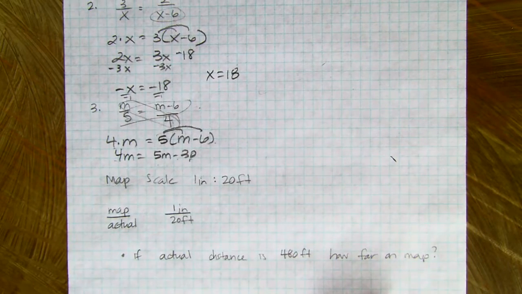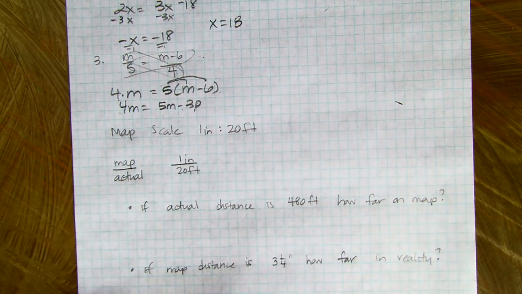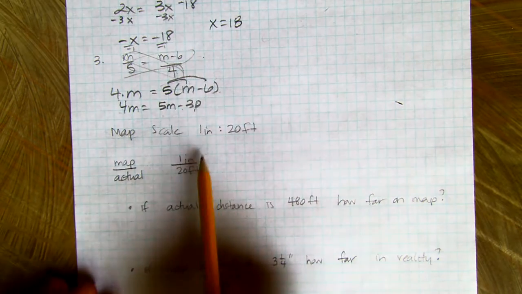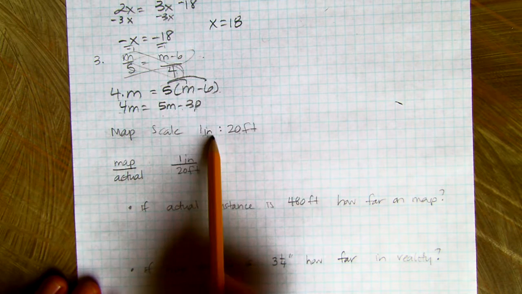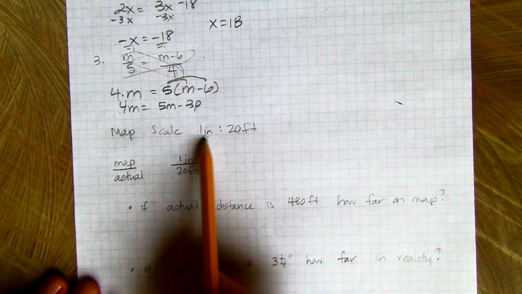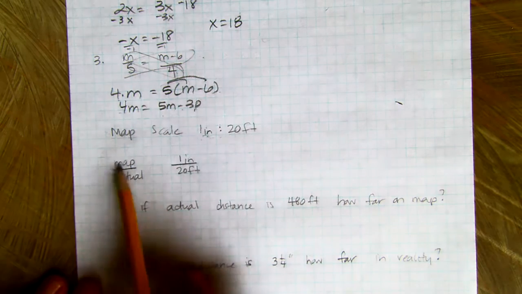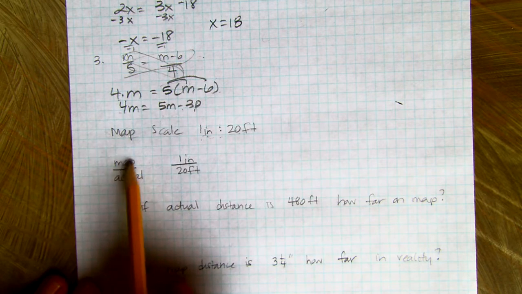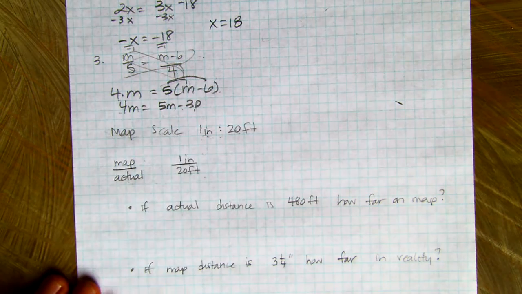A common place for proportions is something like a map scale. Map scales are often given with this colon: 1 inch on the map is equal to 20 feet in actual. And so I really like to keep myself focused and write it as such. Map, actual. 1 inch, 20 feet.